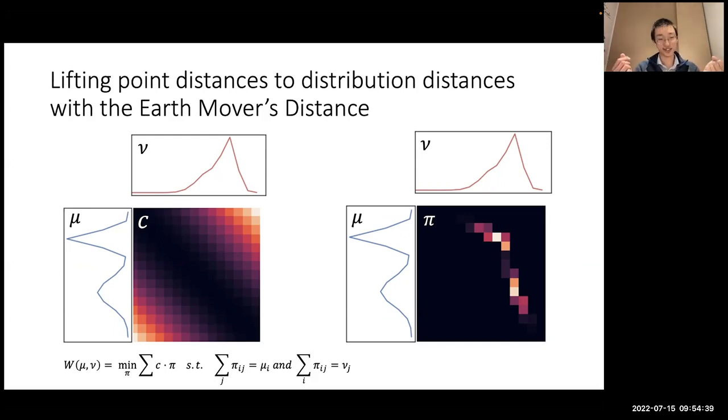So you have the cost matrix and you have the joint distribution pi. And you're looking for the pi that minimizes the total cost multiplied by the amount of mass you're moving. This is the most intuitive way of thinking about it: I have good distances between points, but now I want to think about distances between the distributions.